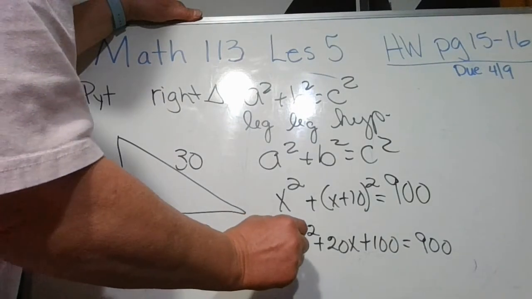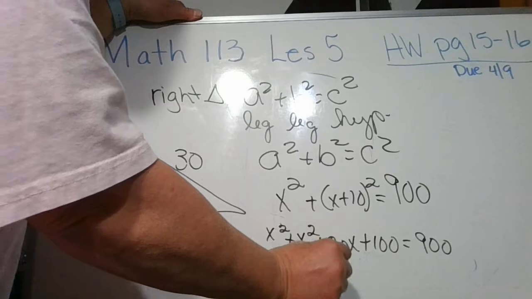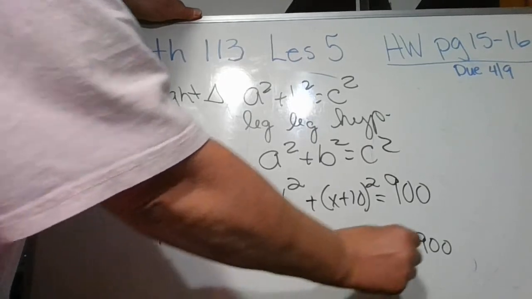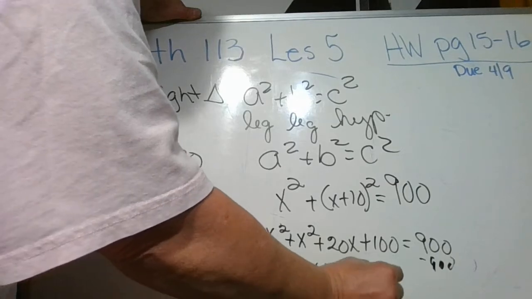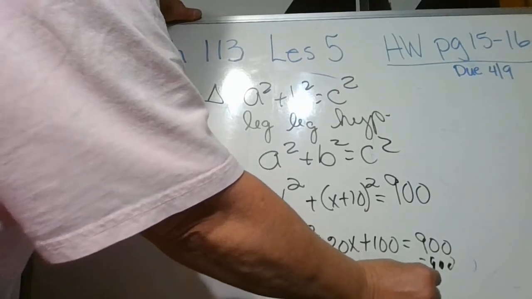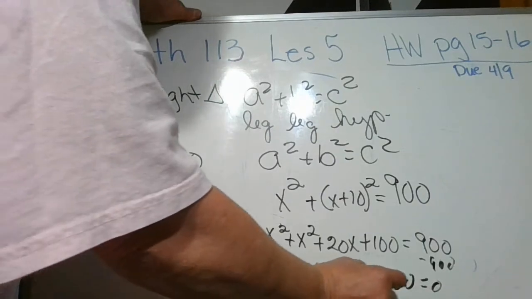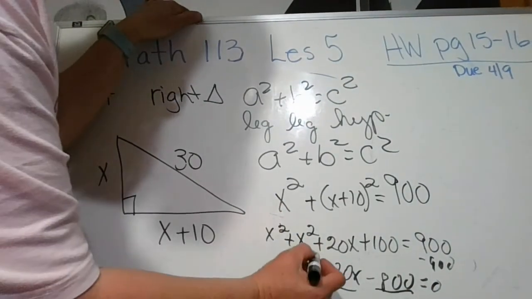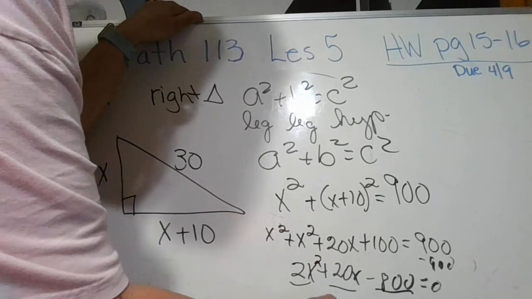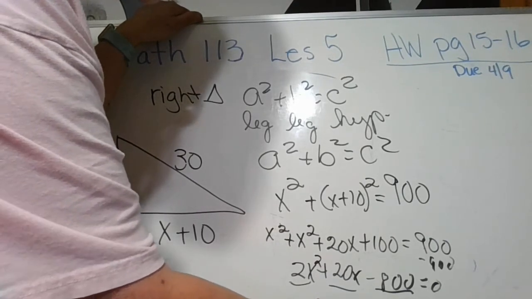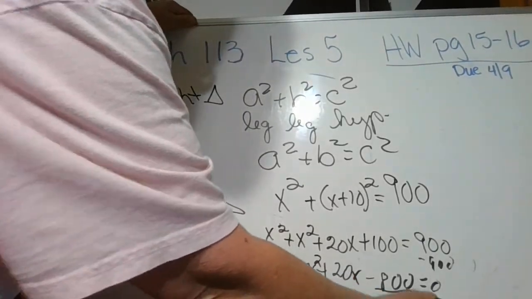So 1x squared plus 1x squared is 2x squared plus 20x. And if I subtract 900 from both sides, that's going to give me a negative 800 here, and that's equal to 0. Now let's make this a little simpler by dividing every term by 2. So I'm going to have x squared plus 10x minus 400 equals 0.